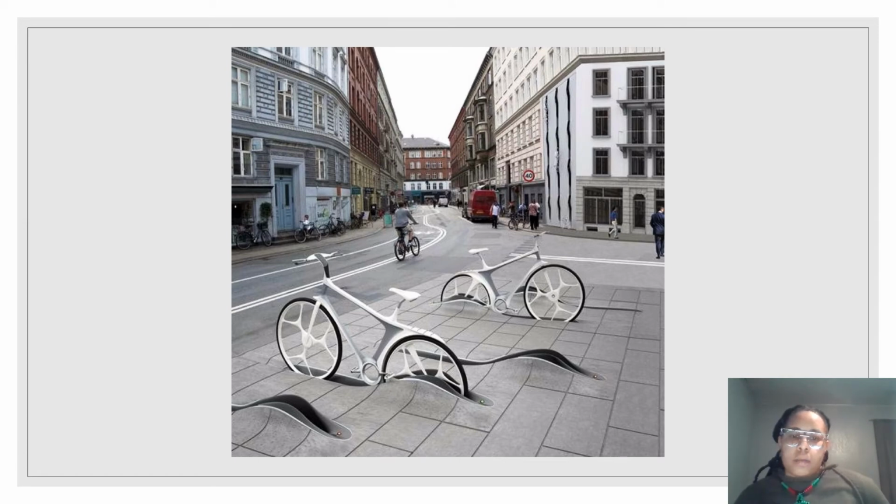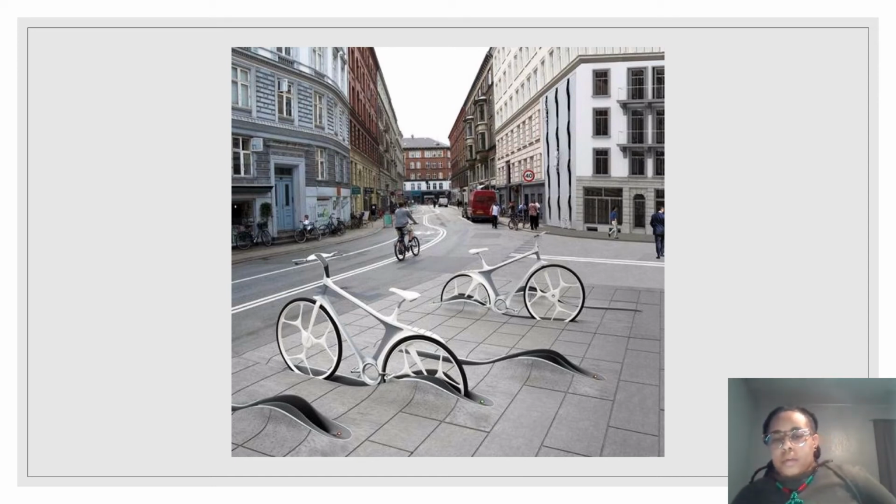This is an example of the docking stations that I found, and I thought was really awesome because it gives you the impression that they are just located randomly around the interested party.